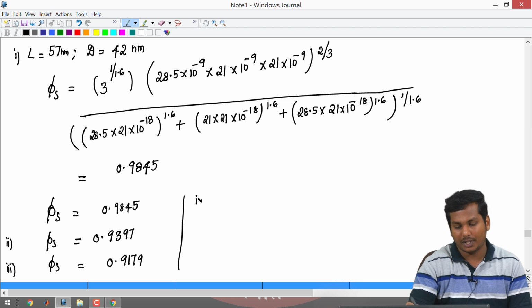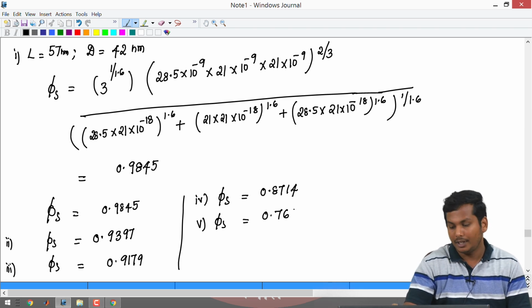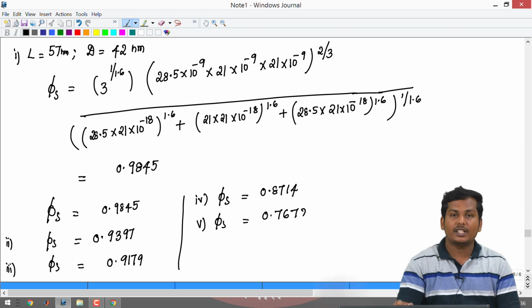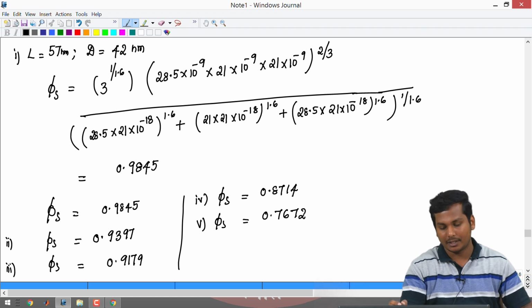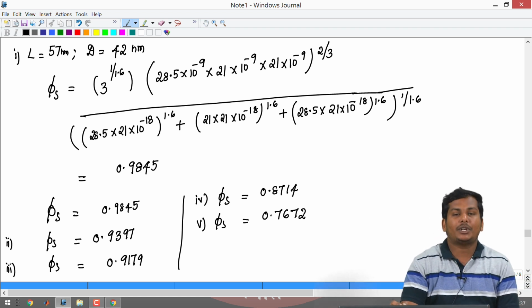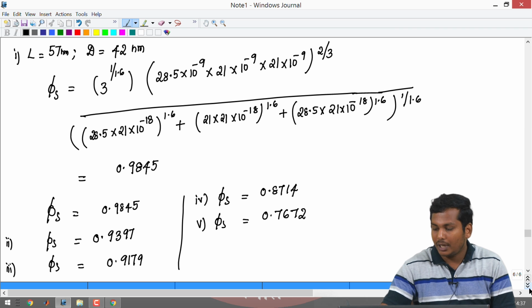For the fourth case it comes out to be 0.8714, whereas for the fifth case it comes out to be 0.7672. So, these are the different sphericity values for different aspect ratios of the particles, and we see that when the aspect ratio is increased, we see a decrease in the sphericity. So, that is the last part of the problem.